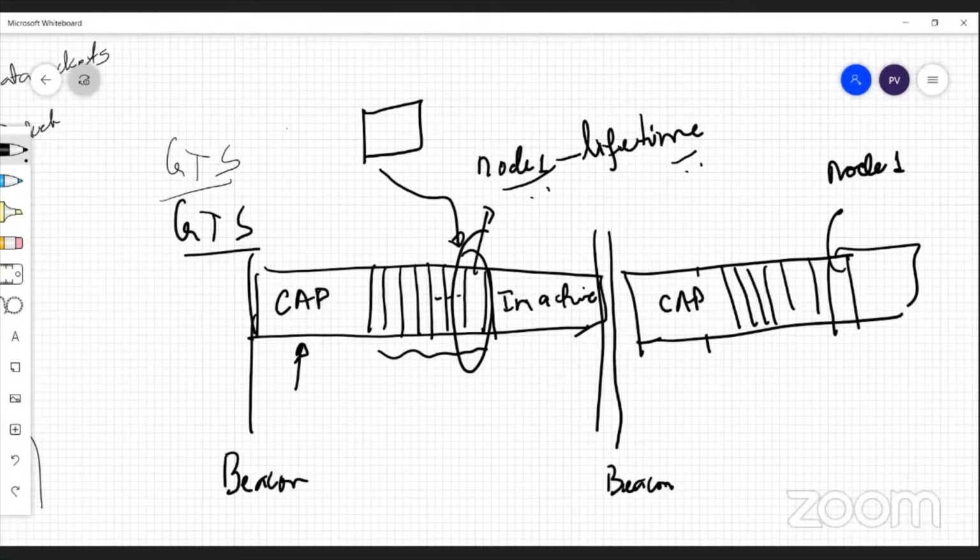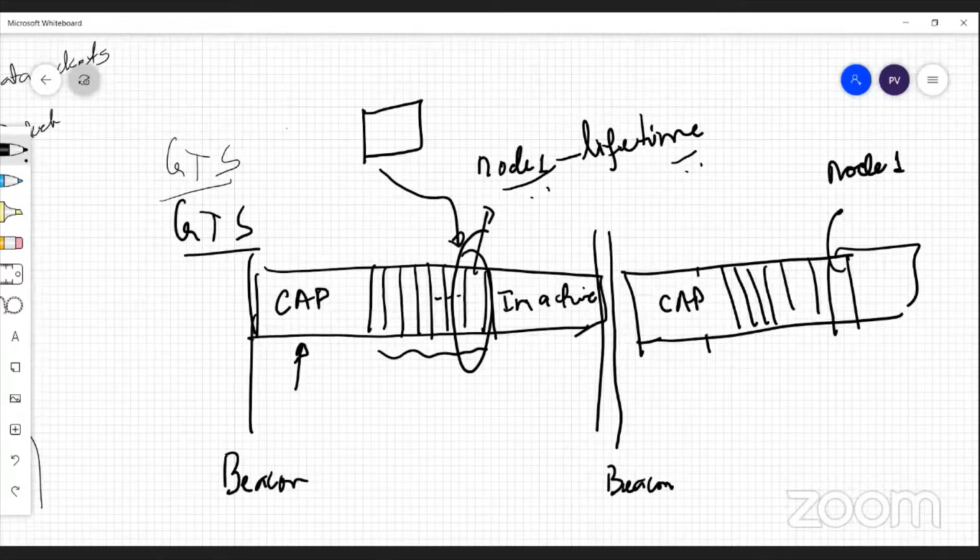You cannot do anything. So node 1 may actually have no sensor data to transmit, but it will simply hold on to that resource because it won the medium and got the slot. That is an issue which researchers have found some ways out of, how to kick these nodes out of the network.